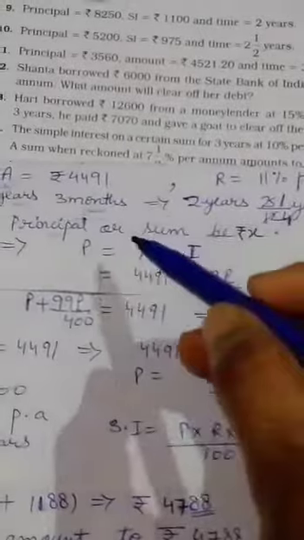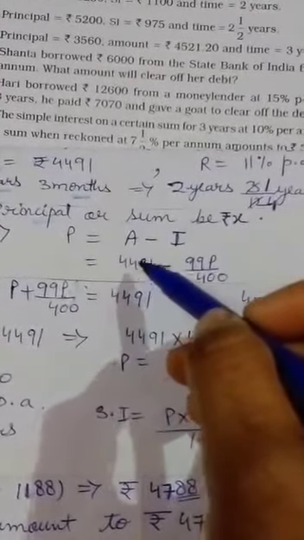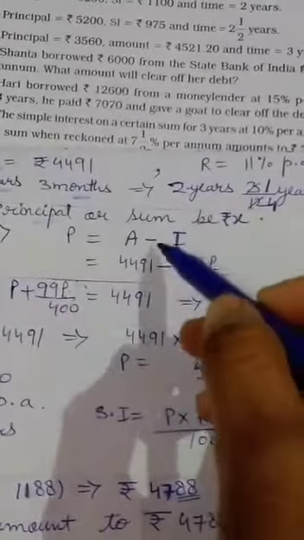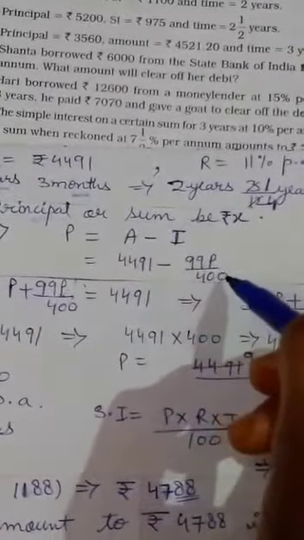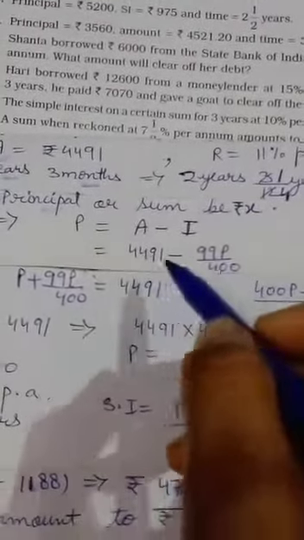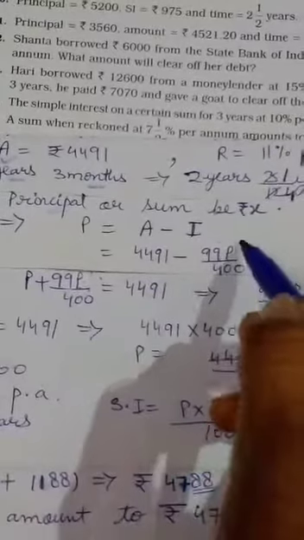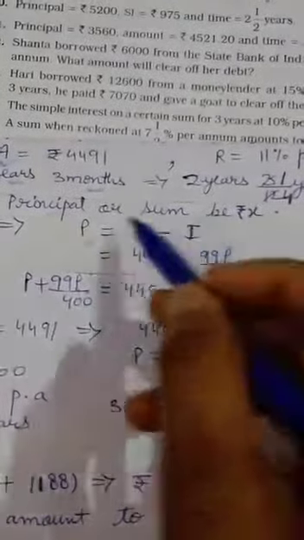Now amount is given, so put its value: 4491 minus interest, that is 99P upon 400. Now here is a P and here is a P. Take it in one place.